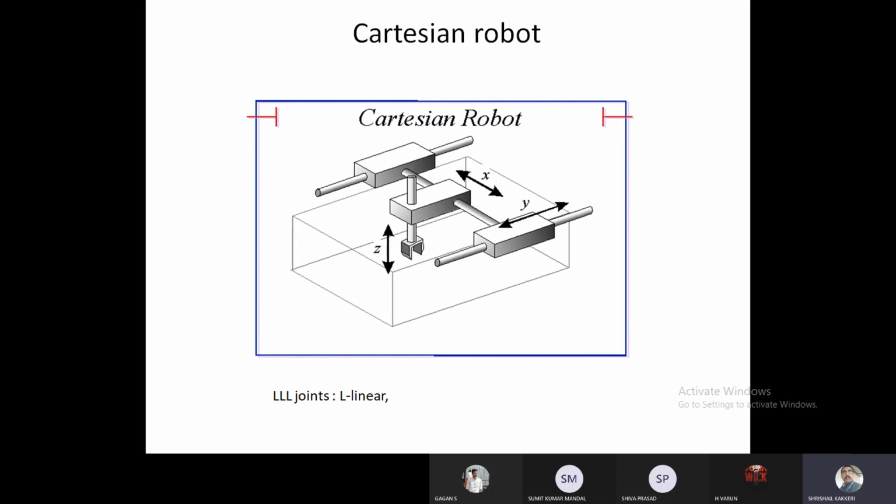All these x, y and z movements will be linear, so the coordinates of this robot will be represented by x, y, z only. It is also called an LLL robot, or simply you can say a 3L robot, because along the x, along the y, along the z, linear movements will be there.